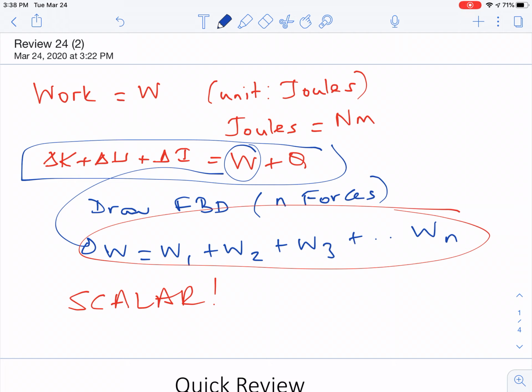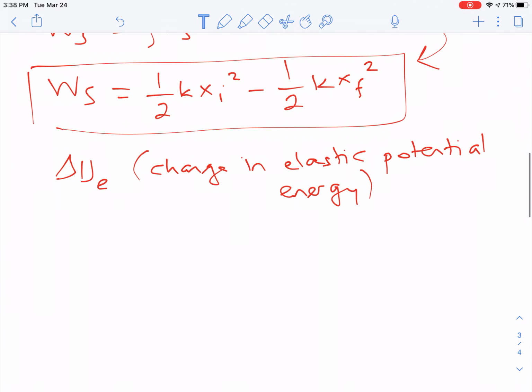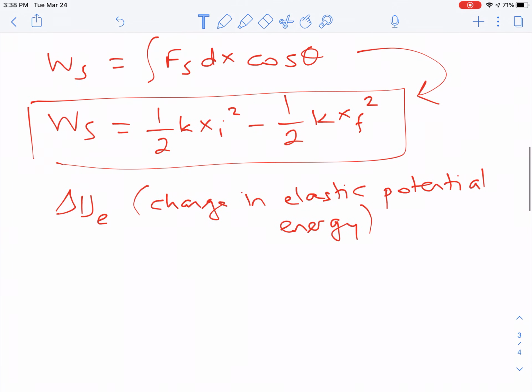You will have the same option here. Either you can use the spring force as the work done in the work term on the right side, or ignore it and keep it as the change in potential energy, the elastic potential energy.